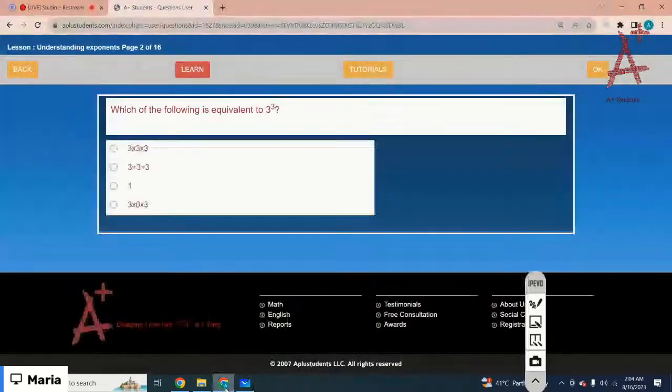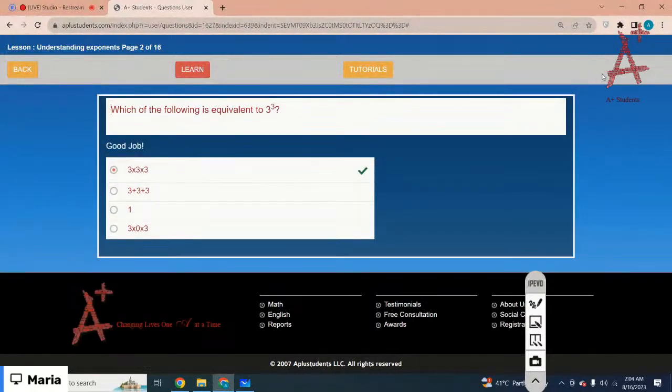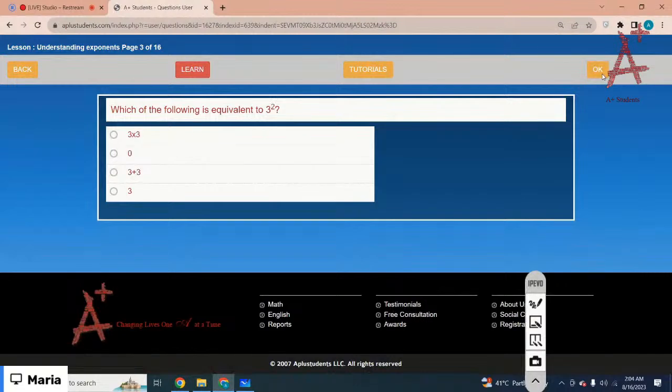The correct option is option number 1, 3 times 3 times 3. Which of the following is equivalent to 3 exponent 2? Which is the correct option? 3 exponent 2 means you have to multiply 3 how many times? Yes, just 2 times. You have to do 3 times 3. The correct option is option number 1.